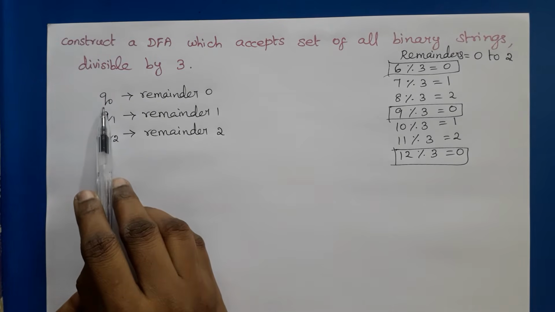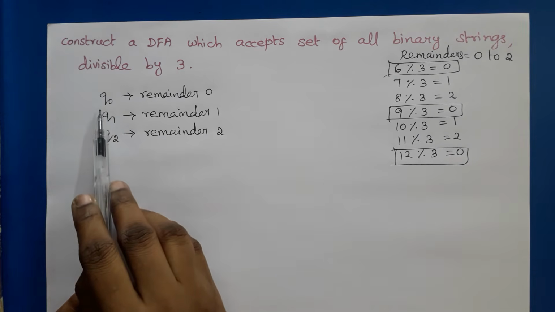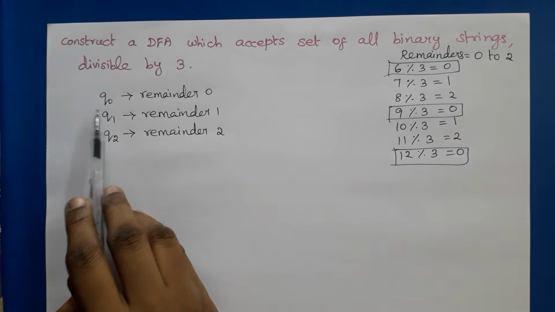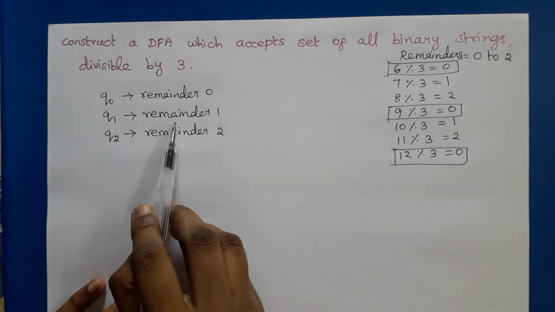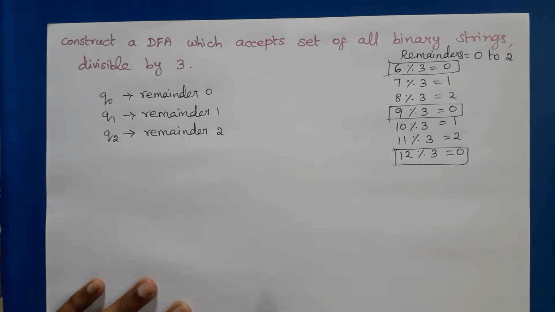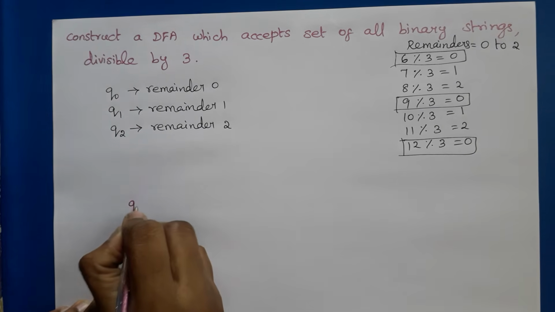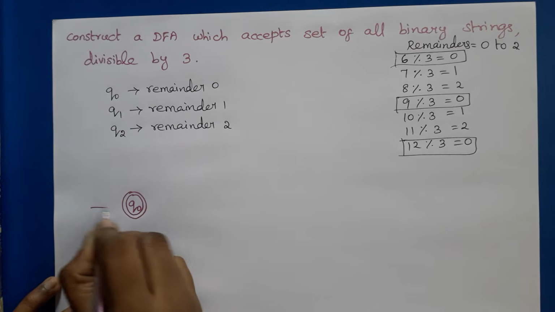So we can make Q0 a final state because Q0 represents the number divisible by 3. So in this problem, Q0 is the start state as well as the final state. Q1 is representing remainder 1, Q2 remainder 2. So now we can construct a DFA.